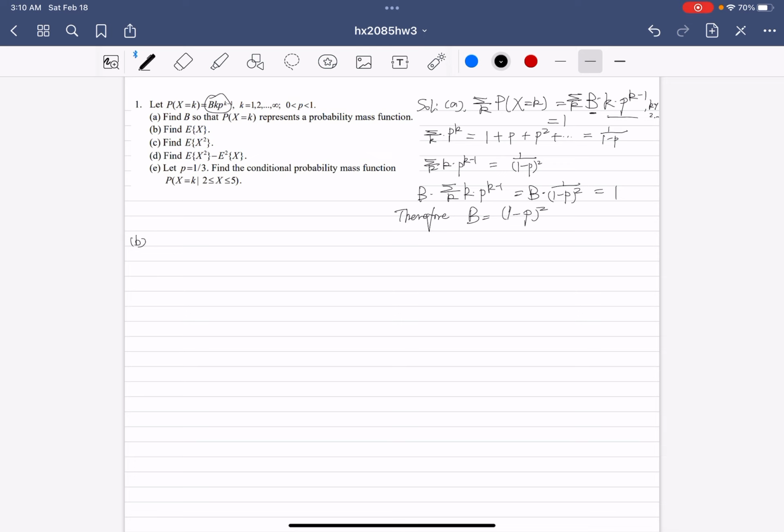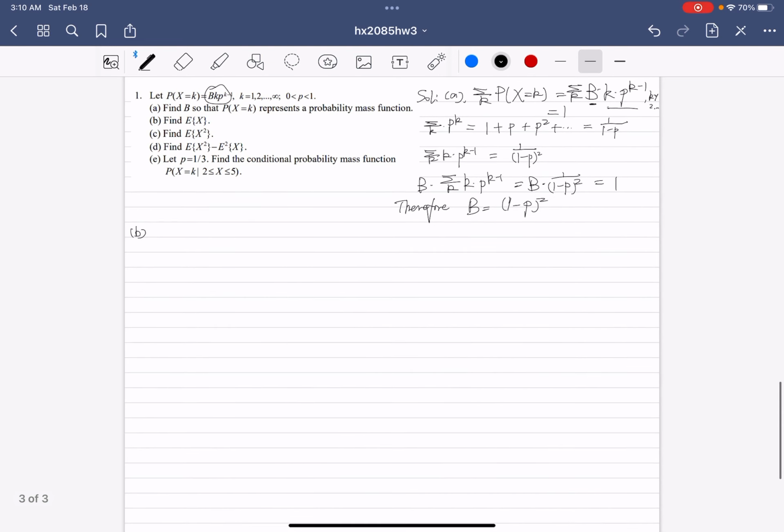Let's see the second part. We need to find the mean of x.